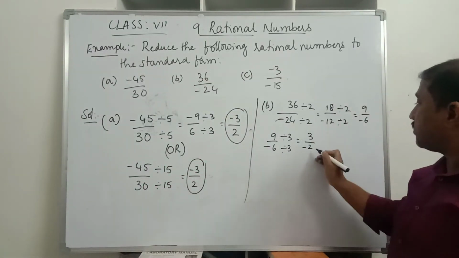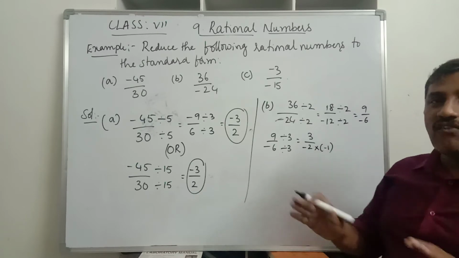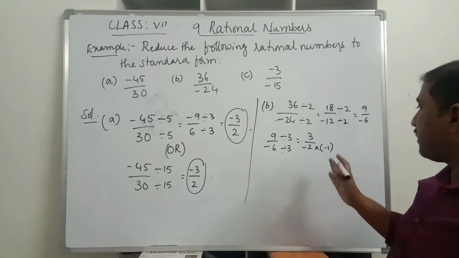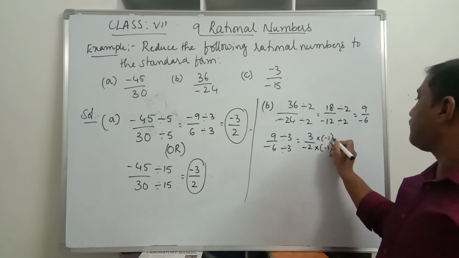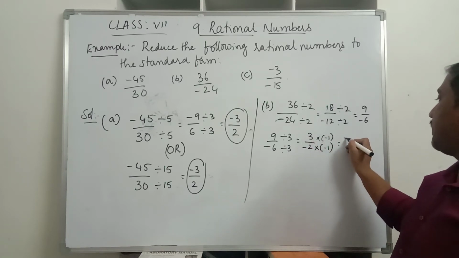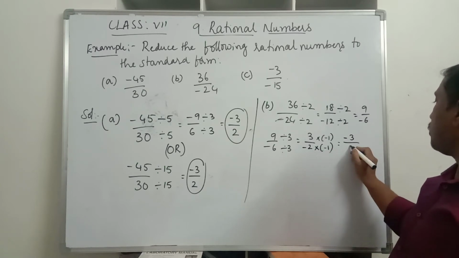Now, to get a positive integer, multiply by -1. Why are we multiplying by -1? Its sign will change, but the value will be the same. So multiply both numerator and denominator by -1. Now plus into minus, minus 3 into 1, 3 divided by minus into minus is plus, 2 into 1 is 2.